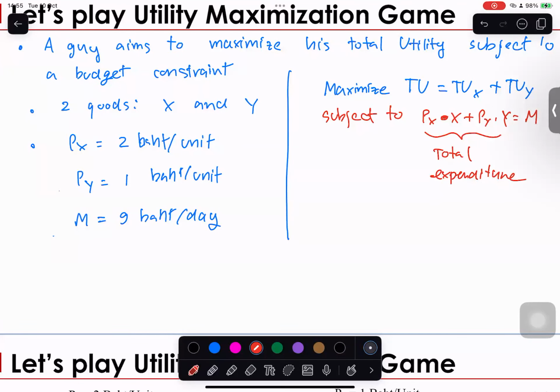We put an equality sign because this guy planned to spend all 9 baht on these 2 goods. He already prepared this amount to spend on X and Y.